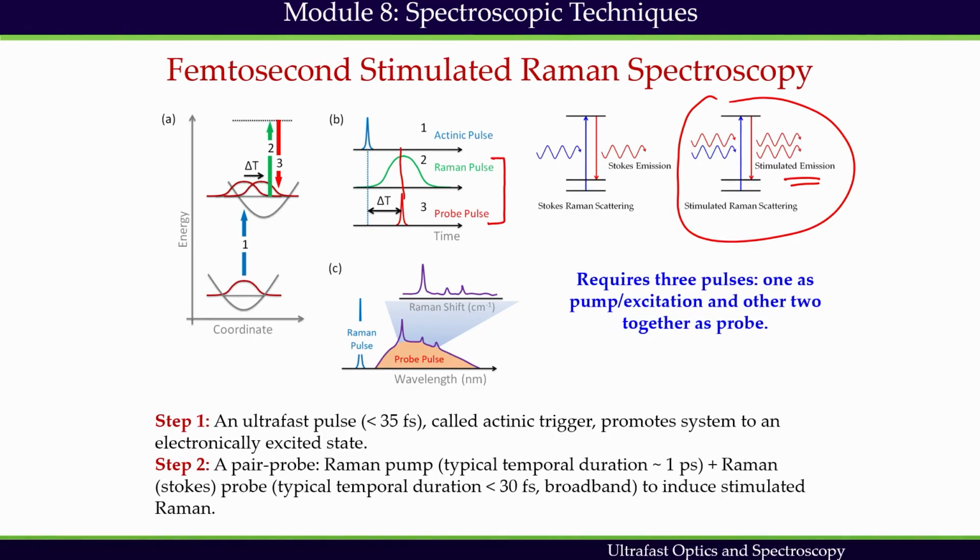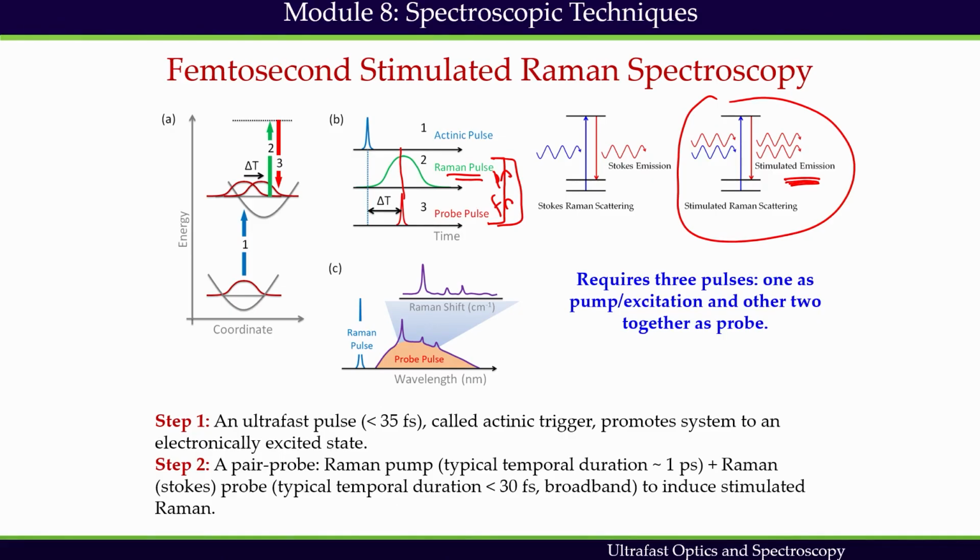However, pulse durations greater than 1 picosecond are necessary for the coherent Raman pump beam to achieve good spectral resolution. So, here what we have done is that we need a long pulse, picosecond pulse, which is called Raman pulse, and a very short pulse, probe pulse, and combination of these two pulses we get stimulated emission, Raman scattering.